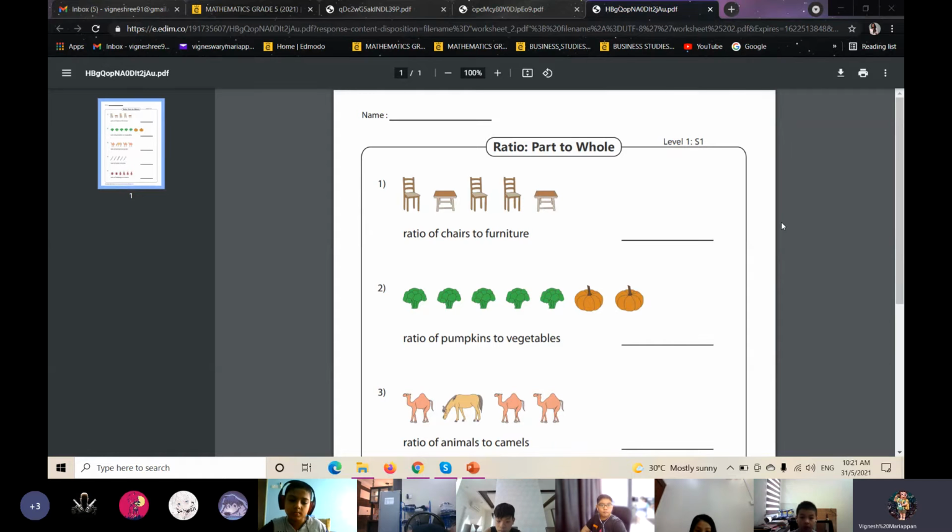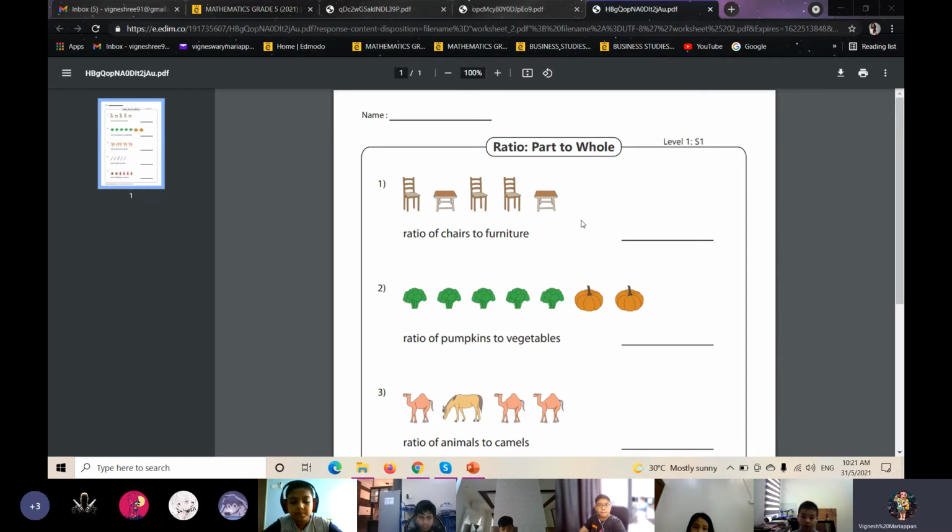Wrong, check again. 3 to 2 is a wrong answer. 2 to 3 is also wrong. 3 to 5. Very good. The teacher said the ratio of chairs. How many chairs altogether? 1, 2, 3. Furniture means all together. Desk is also furniture, chair is also furniture. So 3 to 5. Very good. Please understand the question first.